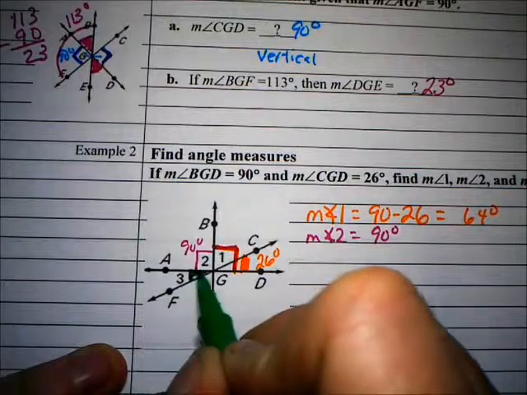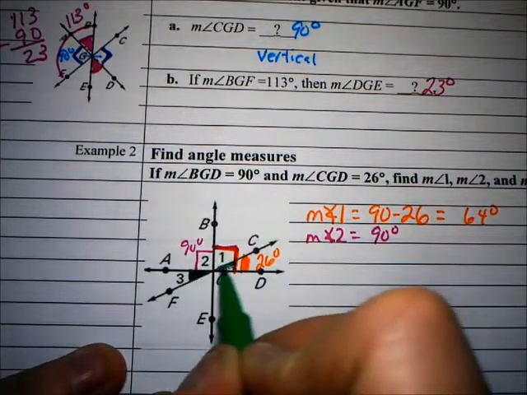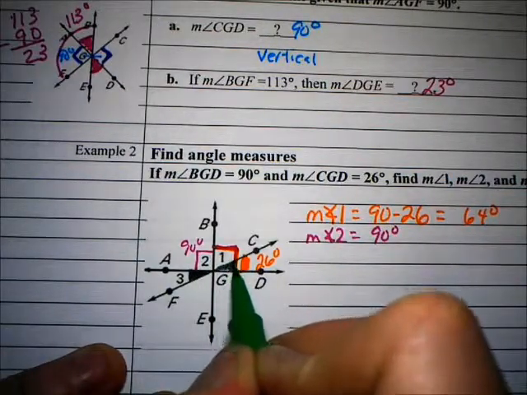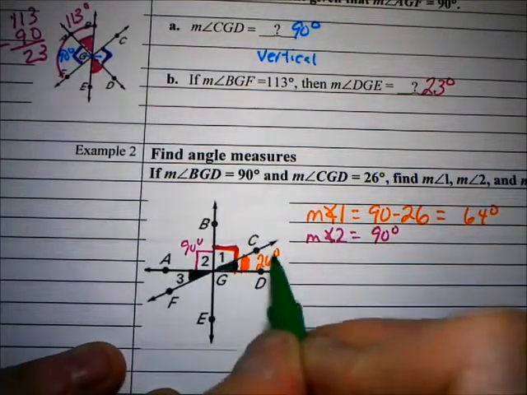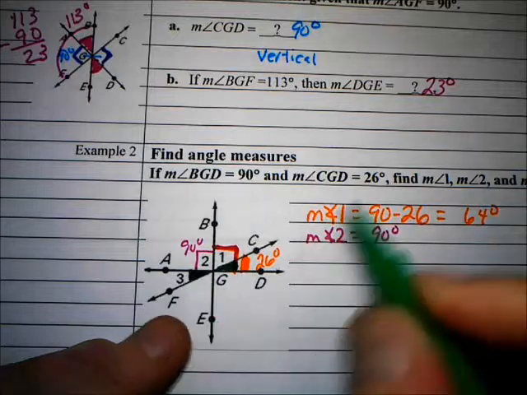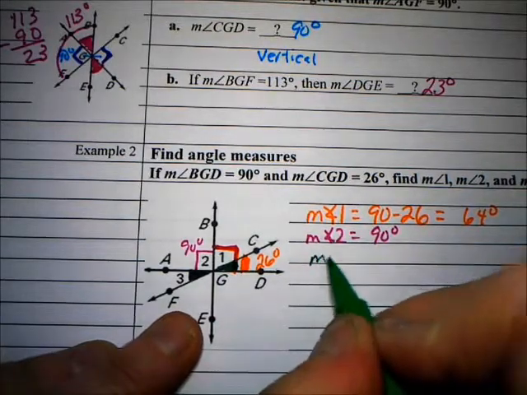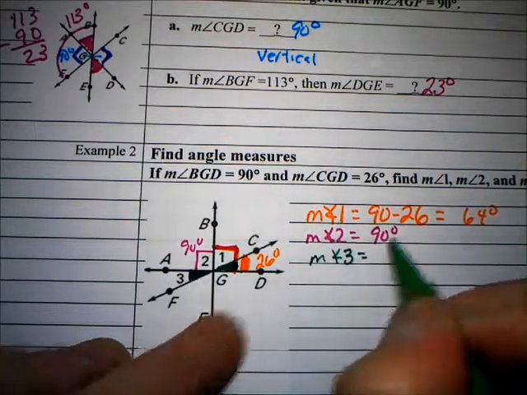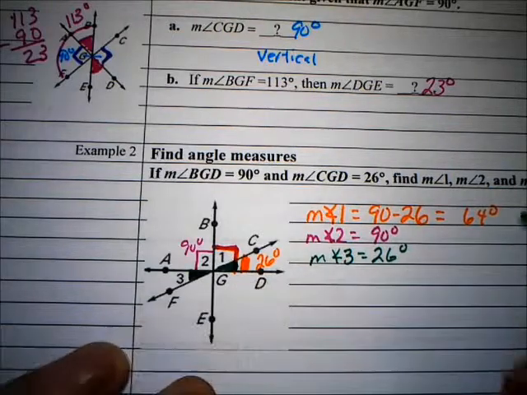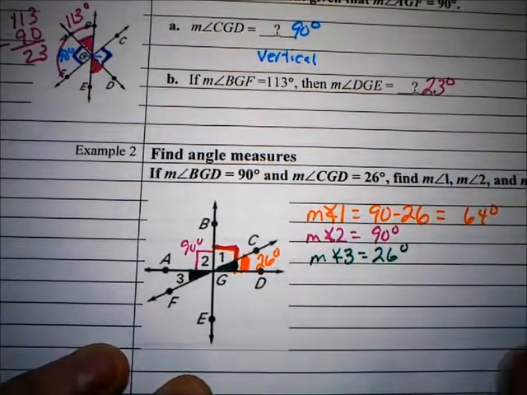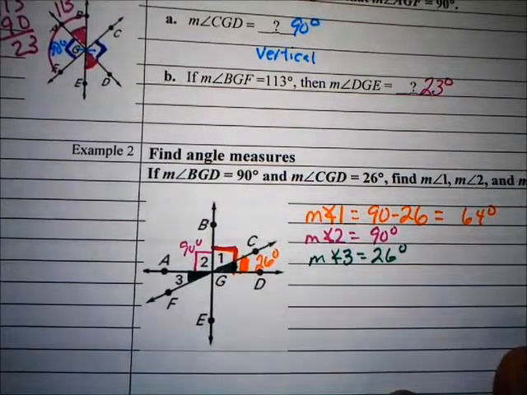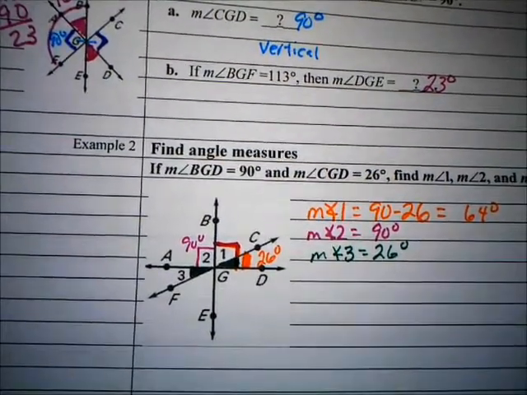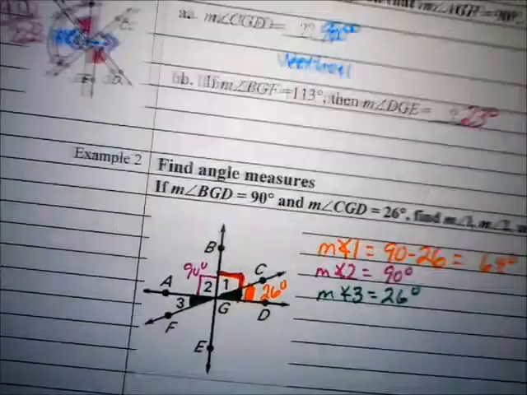This angle here is vertical, straight across to the original angle that they gave me. Those are vertical angles. Therefore, the measure of angle 3 has to equal the 26 degrees. And there are my 3 angles. Remember, vertical angles share a vertex and have opposite rays as sides.